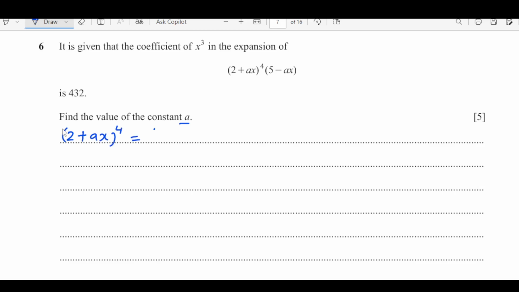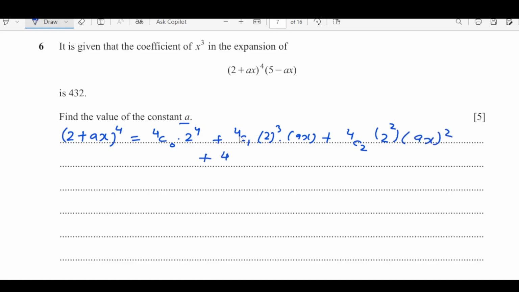So, we will have 4C0 and then 2 power 4, plus 4C1, 2 power 3 and ax, okay. Then plus 4C2, 2 squared, then we have (ax) squared, right.